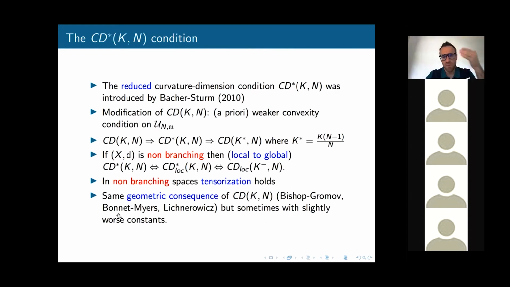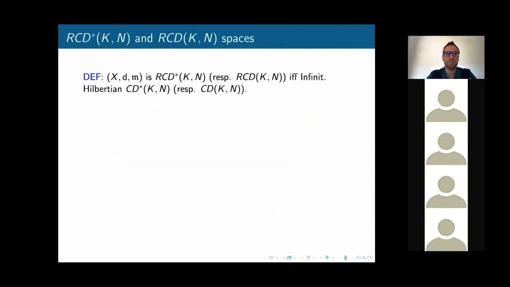Then, as a byproduct of something that we will see in the last lecture, the localization method, if you assume CD* plus essentially non-branching, then you get Bishop-Gromov, Bonnet-Myers, Lichnerowicz, and all the inequalities that you can think of with sharp constants in the CD*(K,N) framework. But we're going to discuss it in the very last lecture. Okay, so this is CD*.